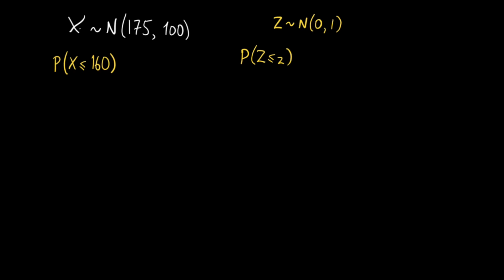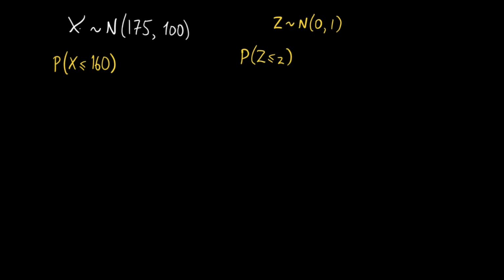Now, how do we get to that? Well, the way that we can convert 160 in x into a standard normal is that we subtract the expected value and we divide through by the standard deviation of the random variable x.